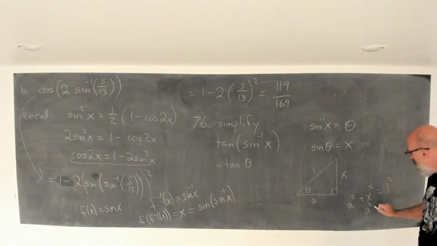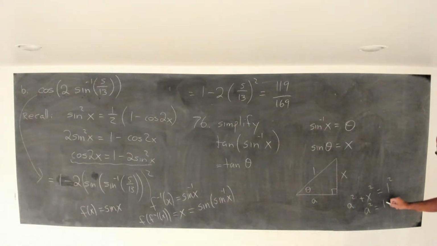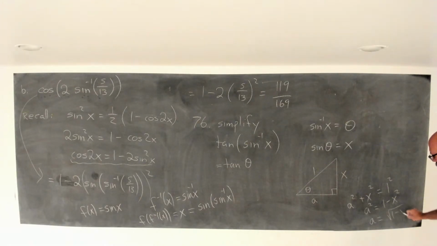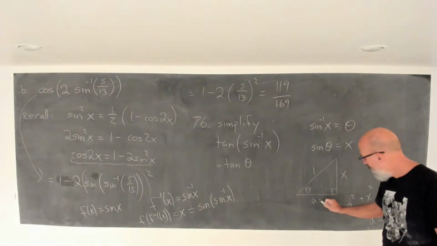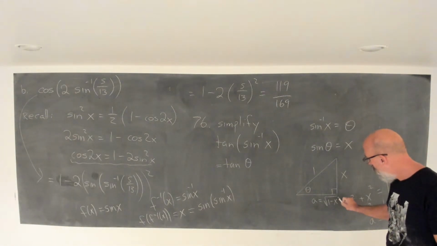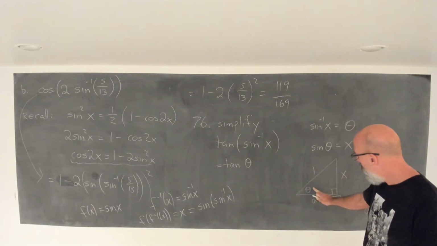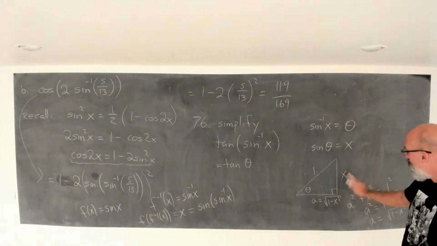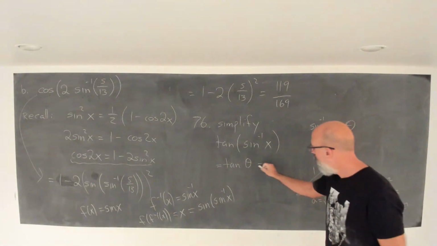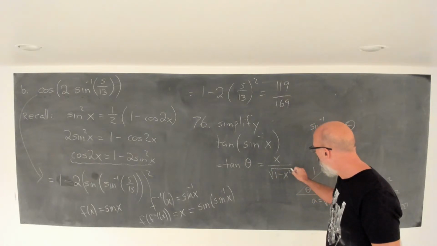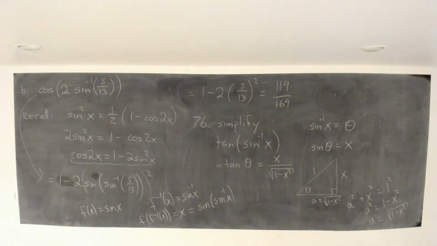And so it's easy to see that a squared is 1 minus x squared. And so a is the square root of that. And so tangent of this is opposite over adjacent. And there it is.